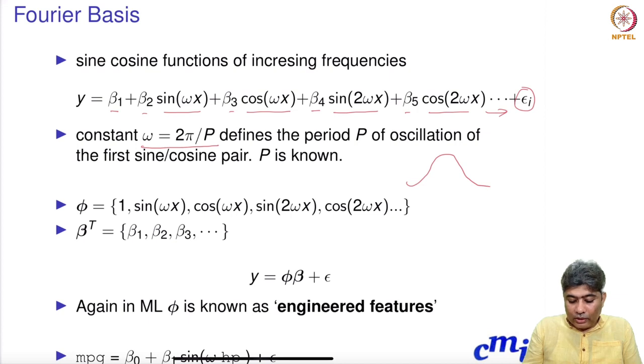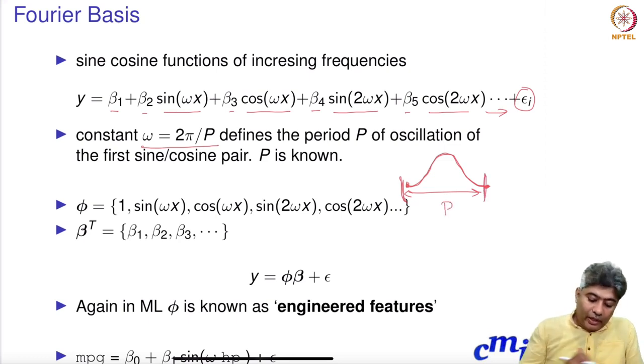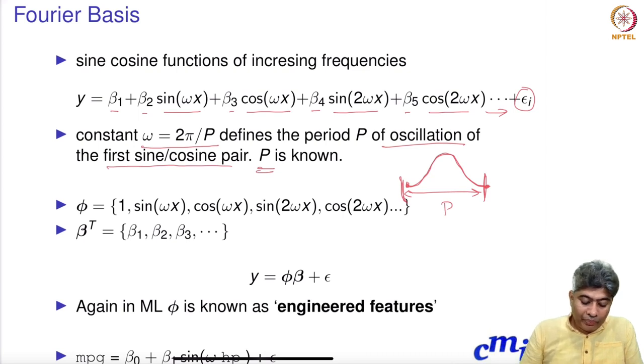Suppose this is where a period starts and this is where a period stops. So this period is our p. It defines the period p of oscillation of the first sine cosine pair, and p is known. We are assuming p is known, otherwise this unknown p will create some problem.